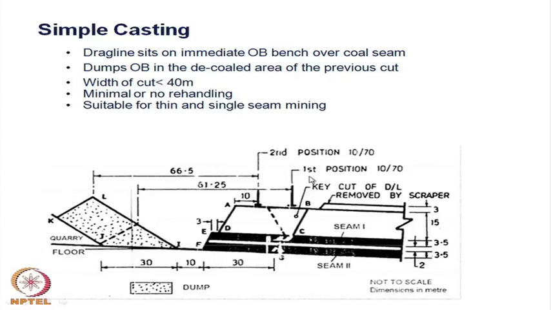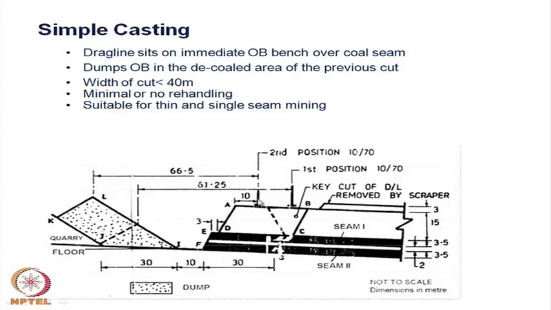When we draw a diagram maintaining this geometry, the swell factor and the angle of repose, we get exactly what the utilization of the space available over there can be. This diagrammatic representation is called a dragline balancing diagram, or sometimes a range diagram.